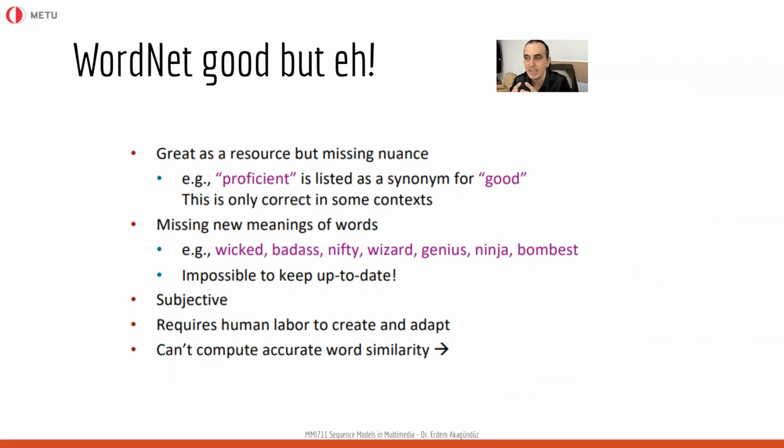So having the idea of a synonym is not totally enough. And if you delve into synonyms, for example, wicked, badass, nifty, wizard, they all have different meanings in different contexts. That is what language is all about. We need a way to model the relation between the tokens properly so that when we feed it to a neural network, it would make sense.